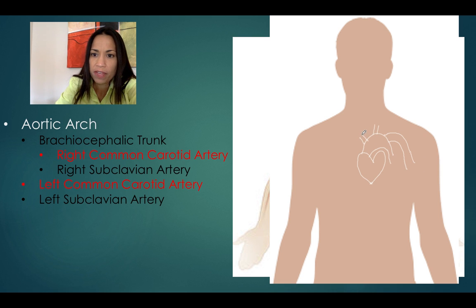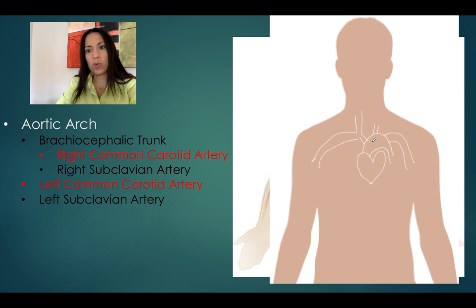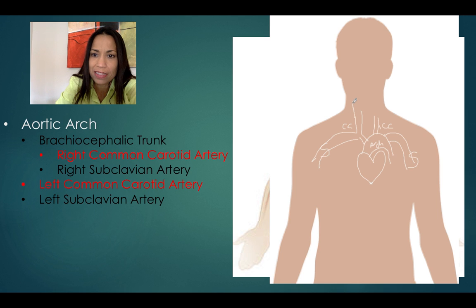From this brachiocephalic trunk, we're going to have a common carotid artery, and this is what I want you to practice. And this is the arch, right? So subclavian, right subclavian, left subclavian. We ascend in here. This is the right common carotid and the left common carotid. The common carotid artery ascends in the neck and divides.